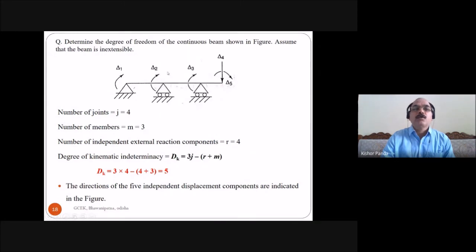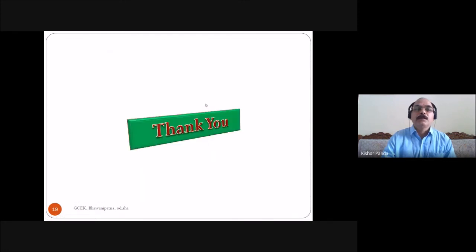Here also 1 rotational displacement you have to consider. Here also 1 rotational displacement, 3 rotational displacements. But at the free end, there is vertical displacement and also rotational displacement. So these are the 5 displacement components of this continuous beam. So the degree of kinematic indeterminacy is equal to 5, and these are the directions of the 5 displacement components. Now you are clear how to find out the degree of kinematic indeterminacy of a pin jointed plane frame and rigid jointed plane frame.